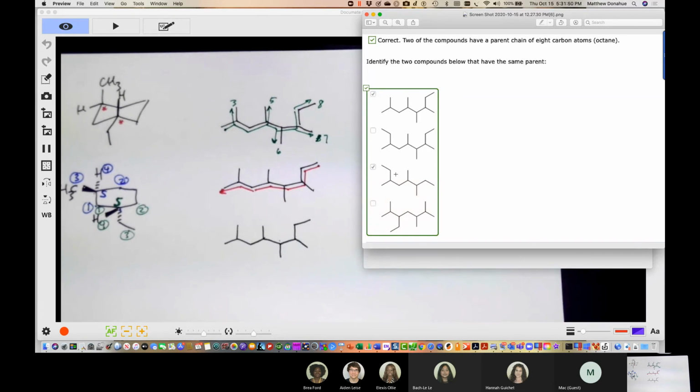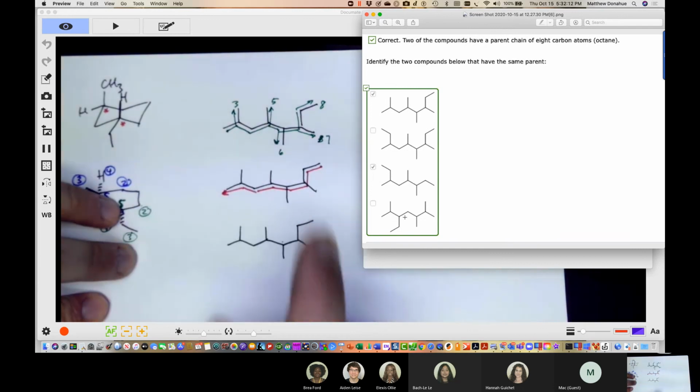Well, the third one resembles the top one, but they clipped this group off and moved it over here. Then this fourth one, they're clipping 2 groups off, so it has a shorter chain. Again, it's how you train your eyes to look at these things and consider multiple routes.